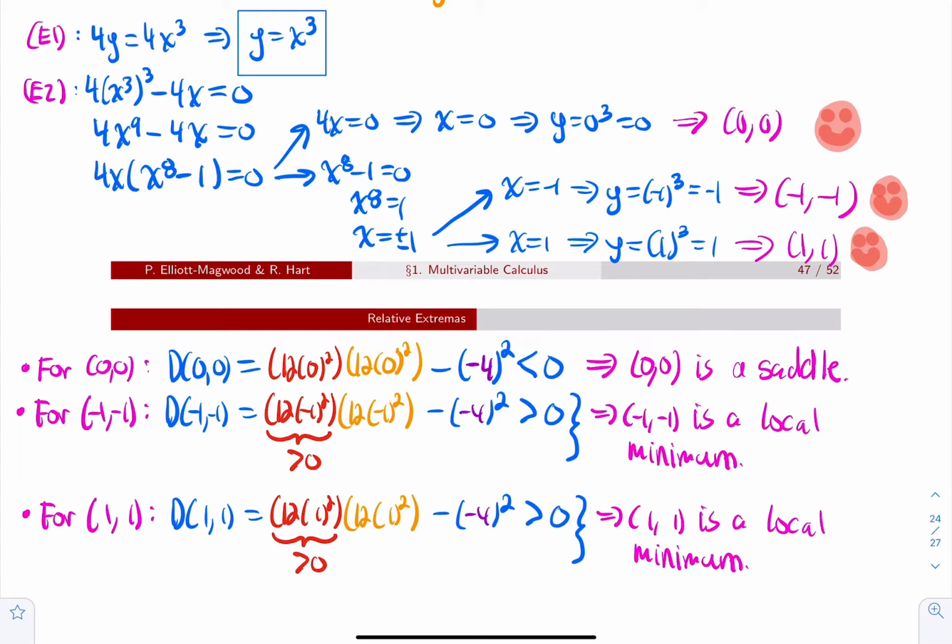This is again going to be strictly positive, and again f_xx is going to be positive, so (1, 1) is also a local minimum. So that's it for classification. You simply have to compute the D numbers, look at the sign, and when it's positive, look at the sign of f_xx to make your correct conclusion. All right, for that example, that's all.